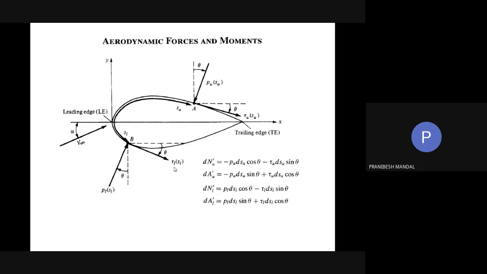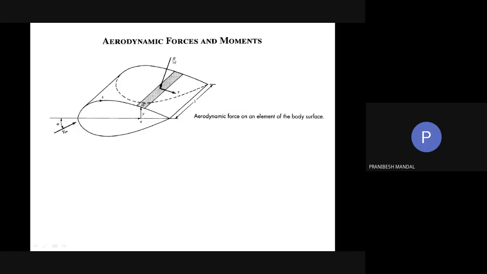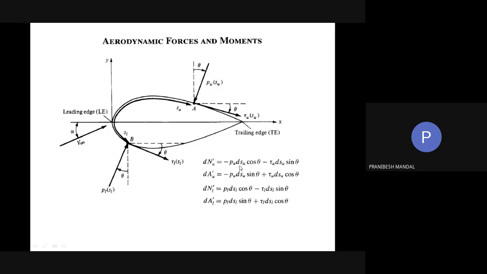If the pressure is pu, what is the pressure force on this particular surface? Obviously pressure multiplied by the area. And what is the area? The area is nothing but ds into 1, that is again coming as ds. So the total force for the pressure on the upper surface is pu into dsu, and the total force for the shear stress on the upper surface is tau u into dsu.